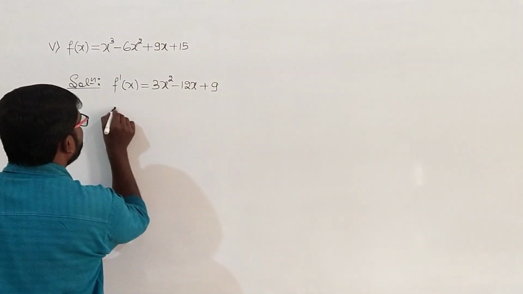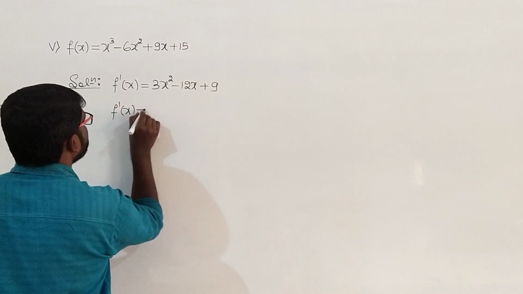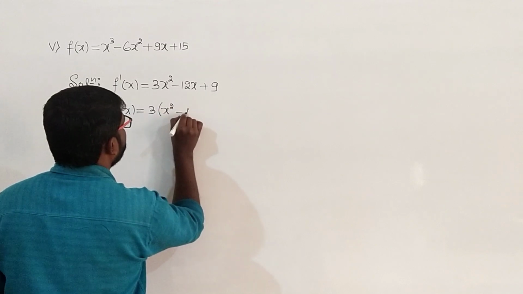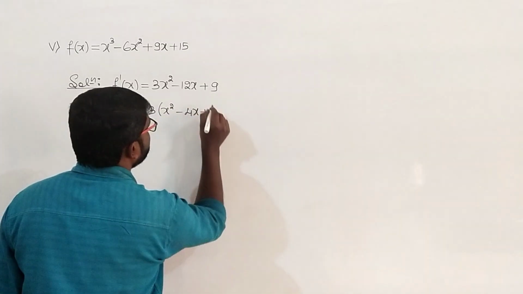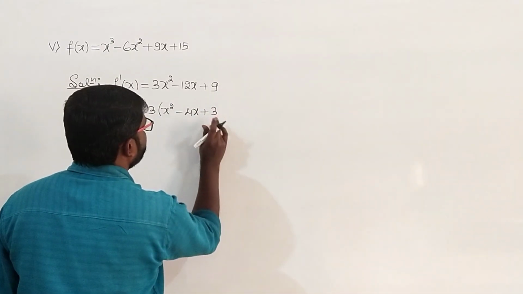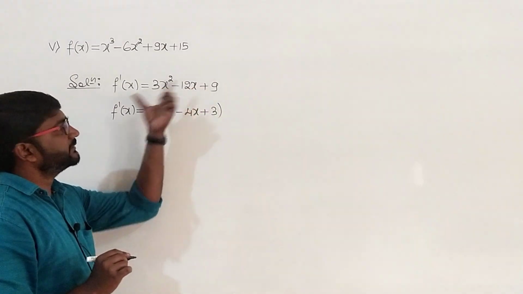So we can take 3 common here. f dash of x equals 3 times x square minus 4x plus 3. If you multiply 3 with these 3 terms, we get back the previous one.